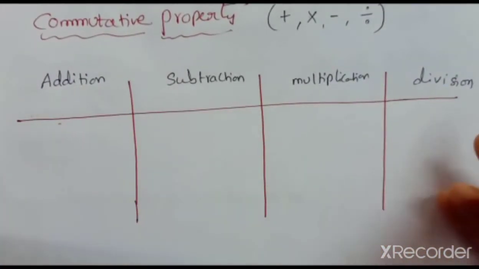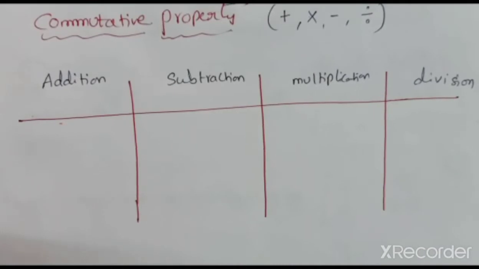See here, if two whole numbers are added, then you will get a whole number as the result, and if you add in reverse also and get a whole number, then that is the closure property. Now addition.